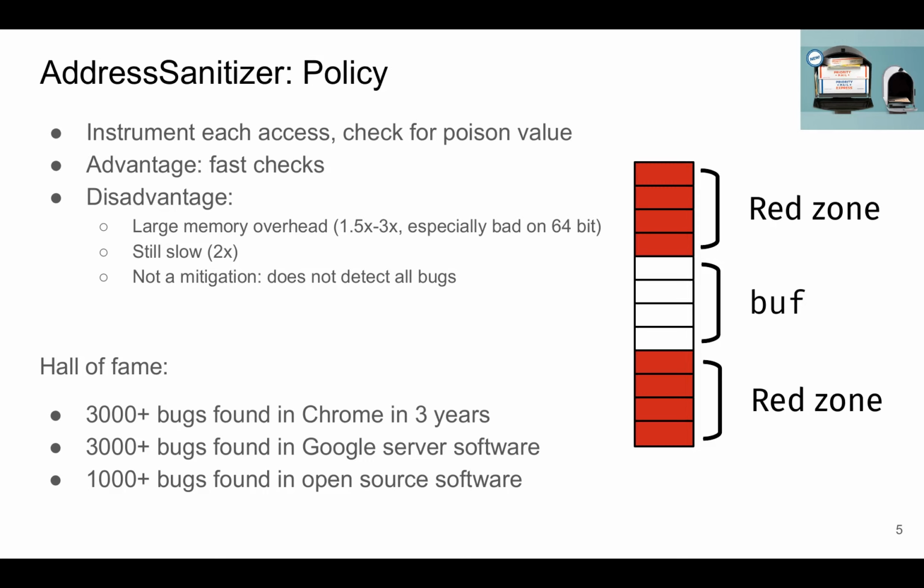So it detects some of the spatial and some of the temporal memory safety violations, but cannot detect all of them. The sum is large enough in practice that it's going to be extremely efficient, especially with fuzzing, where it's highly likely that one of the iterations will actually trigger a violation.